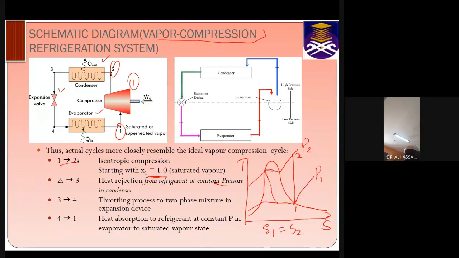That's why it goes like this. So this is 3, this is 4. So this implies that S3 is not equal to S4. In other words, S4 is greater than S3 because there is an increase in entropy. And it is true. You understand me?